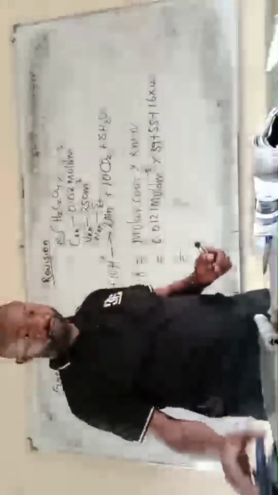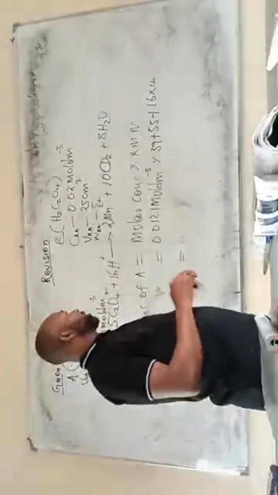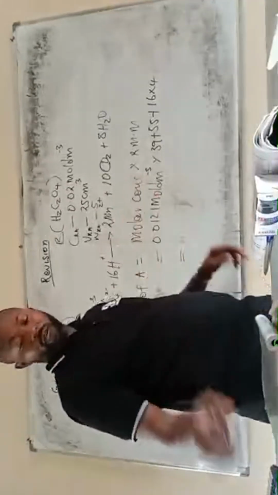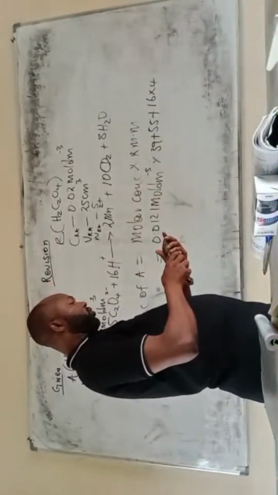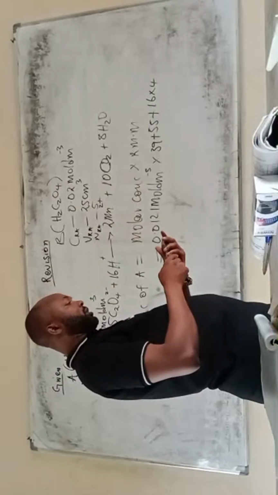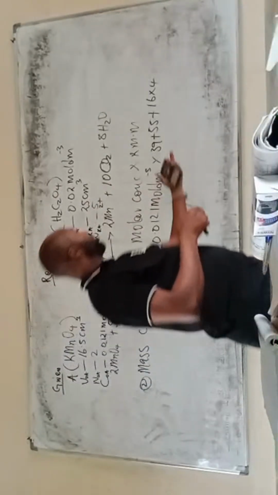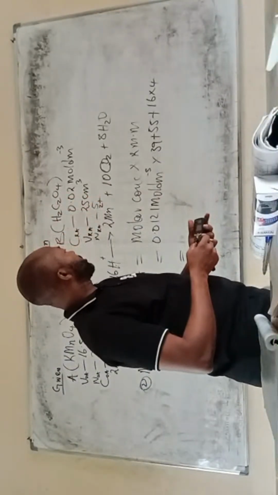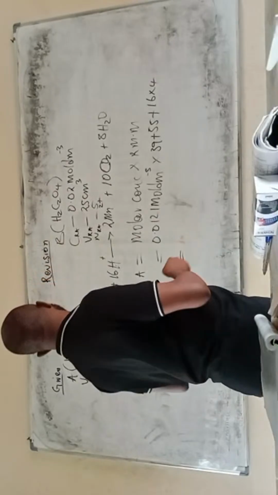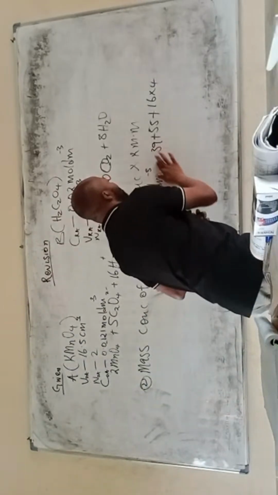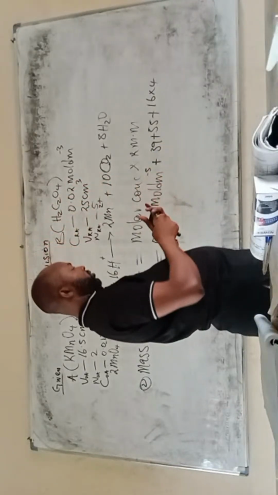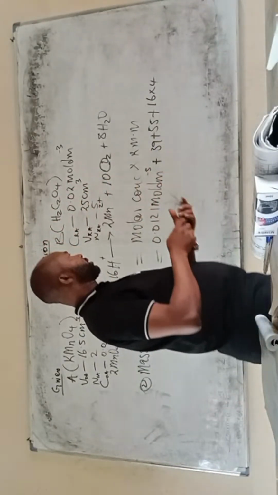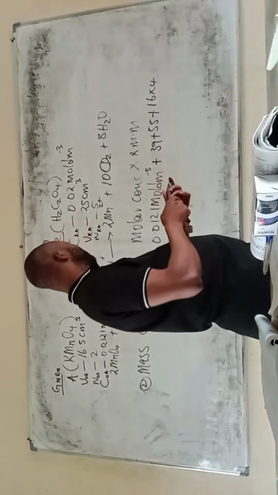All right, sorry about that. Let's continue. Okay, I have to find out what that is. 0.0121 times, where is it? Are we multiplying at all? We are adding, not times, plus 39.